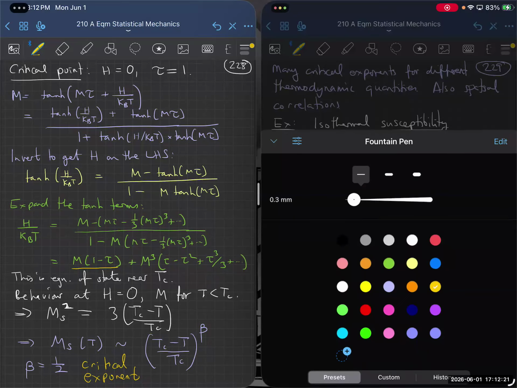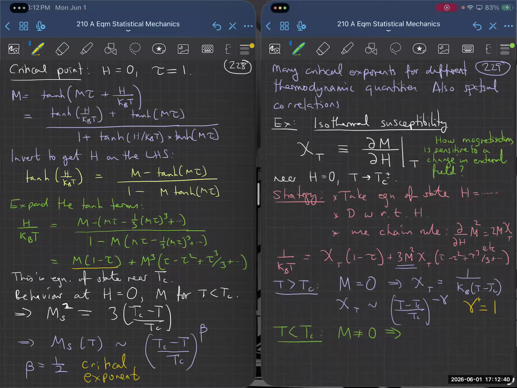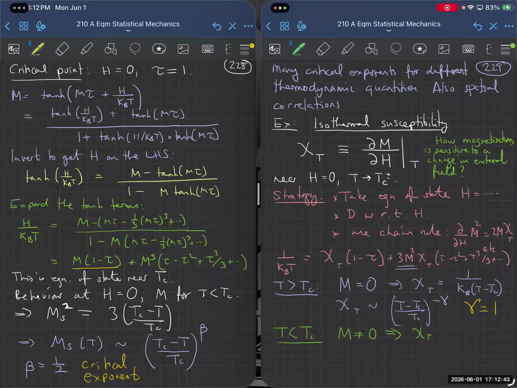If we do this for T less than Tc, then M is not equal to 0. M is given by the formula on the left-hand side. Now when you do the calculation, what you're going to find is that chi T is still proportional to 1 over kB times Tc minus T, with a different coefficient.